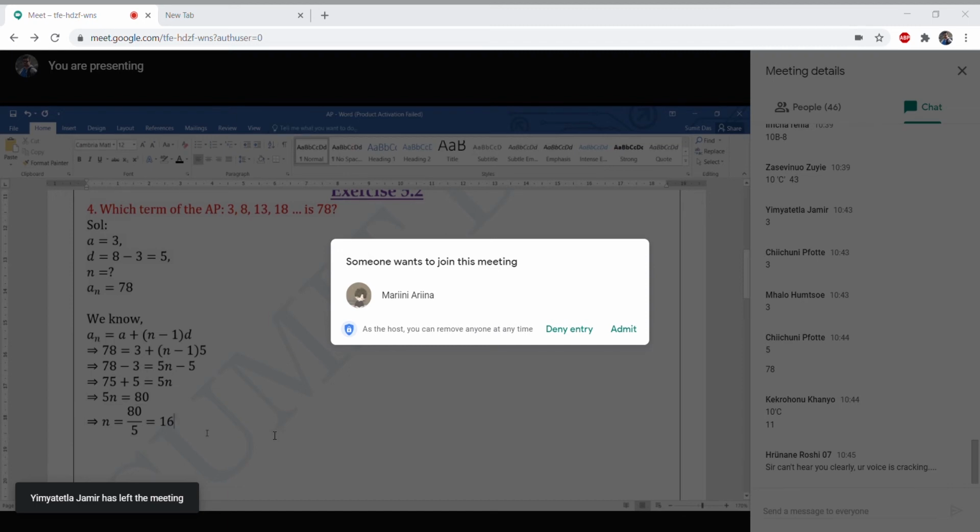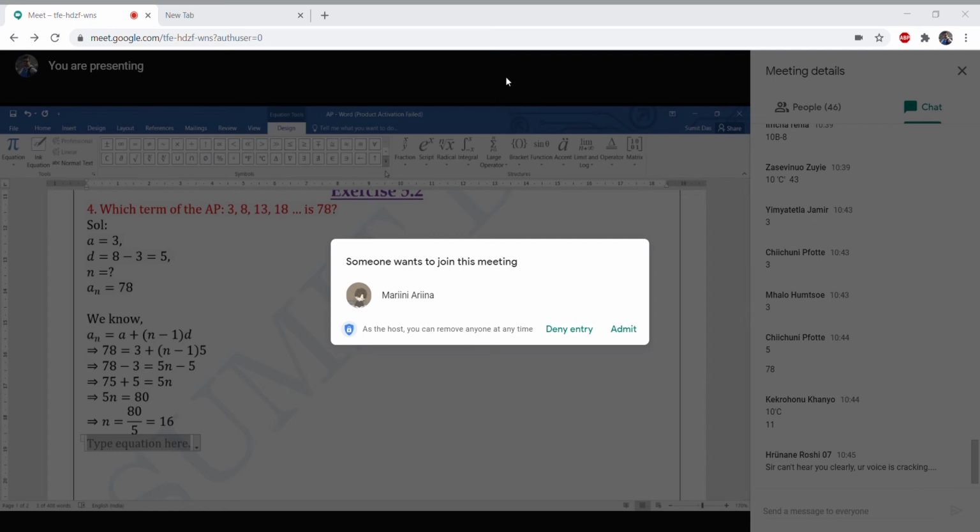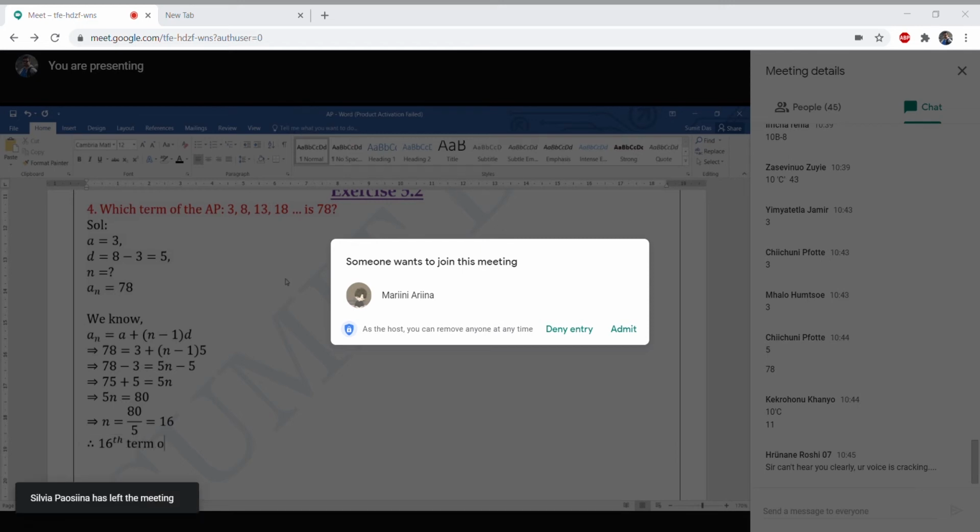Which term? Therefore the answer is 16th term. I'm just giving the answer here; from next time I will not give the answer. Therefore the 16th term is 78. Okay, let's do the next question.